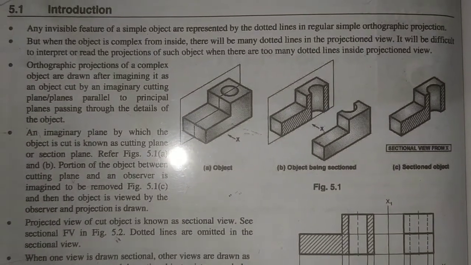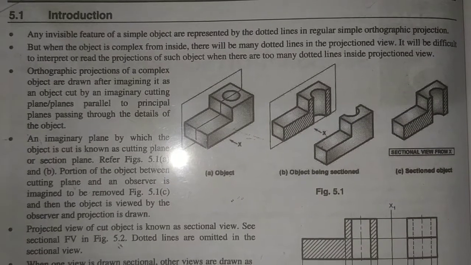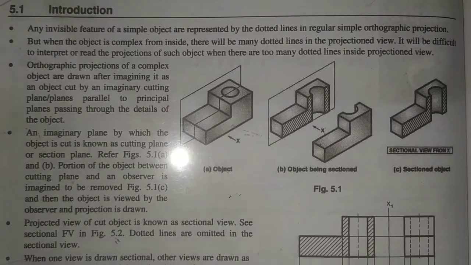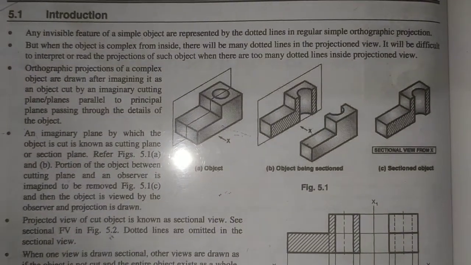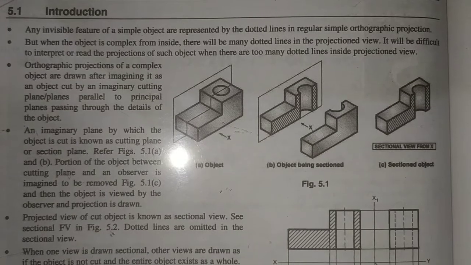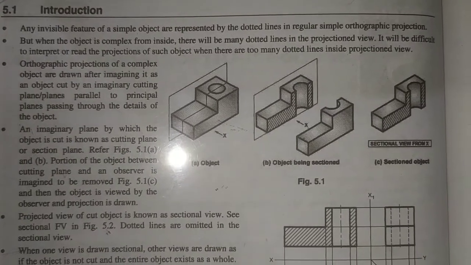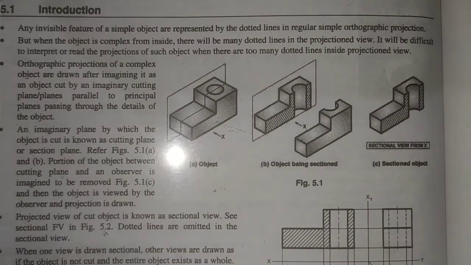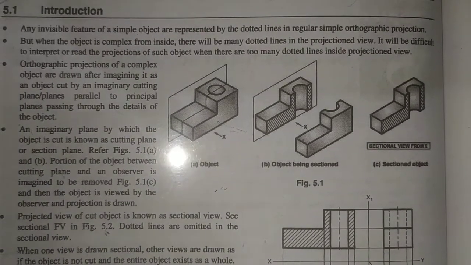And we will take the example of what changes, that is the pictorial view. Pictorial view means the three-dimensional view. We take the examples without cutting, the orthographic projection, and after cutting, the sectional orthographic views. What is the difference and how it is studied.